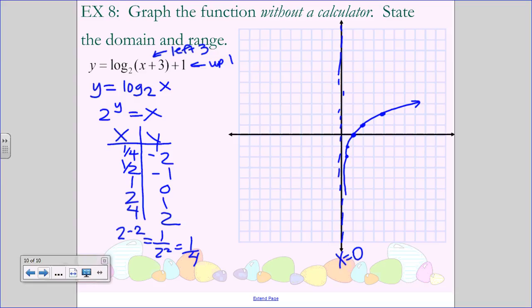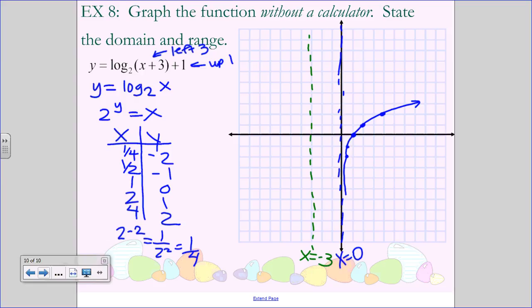Now, instead of looking at the +1 to tell where the asymptote is going to go, we're looking at which direction, left or right, we're going to go. So that +3 tells me I'm going to the left 3. So my new asymptote is going to be at x equals -3. Always draw on that asymptote first.